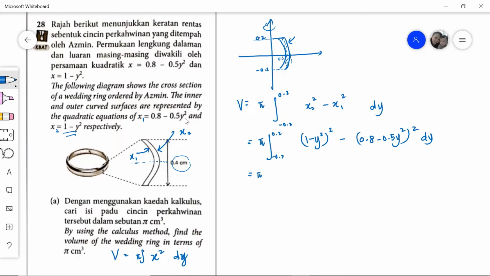Now we can integrate. When we integrate this, we have to expand first. We cannot integrate first.